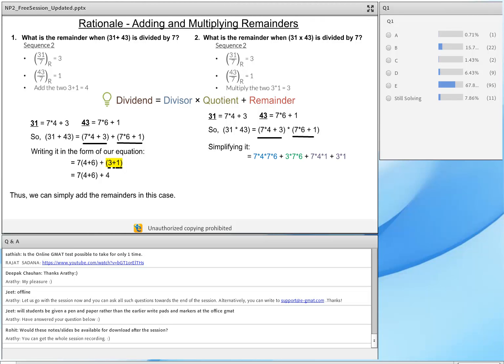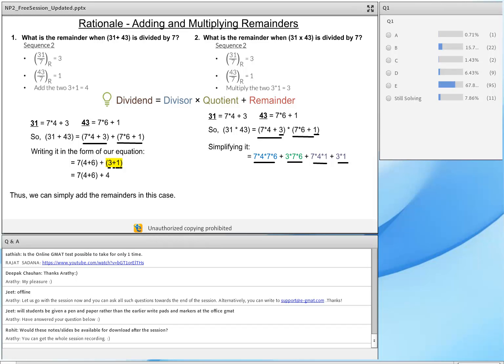So as you simplify it, you get the first terms of both. Then you get the second term of the first multiplied by the first term of the second, so 3 times 7 times 6, then 7 times 4 times 1. And then you get 3 times 1, which is this term multiplied by this term.